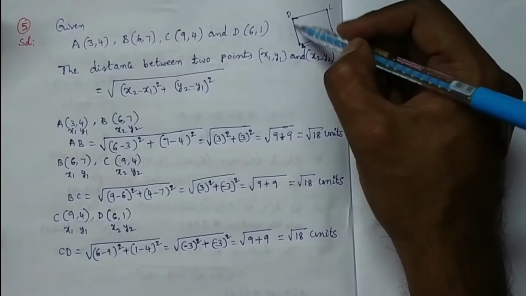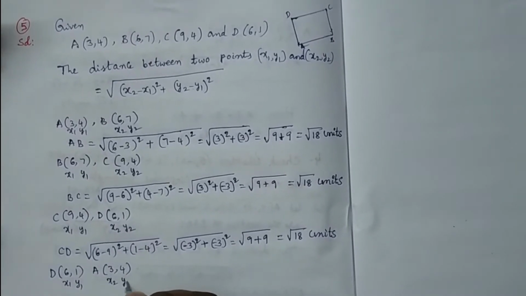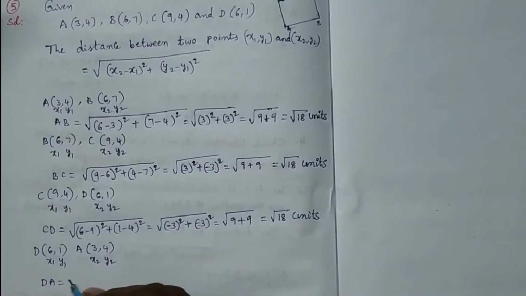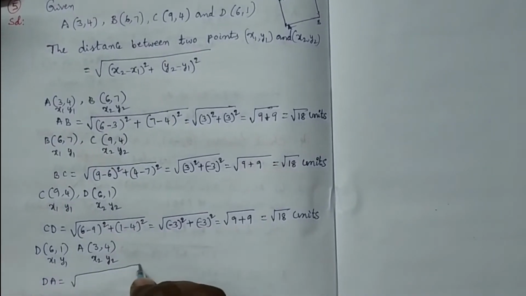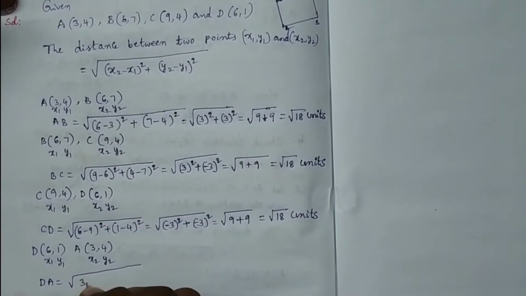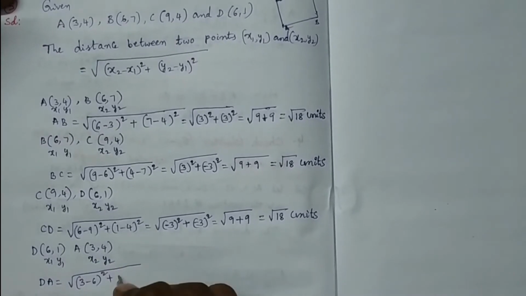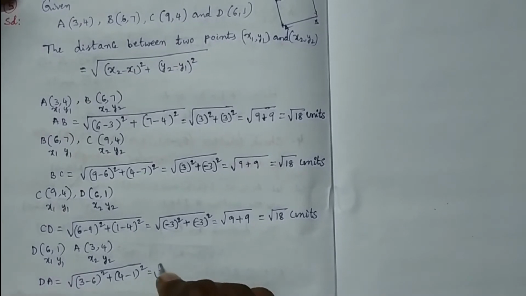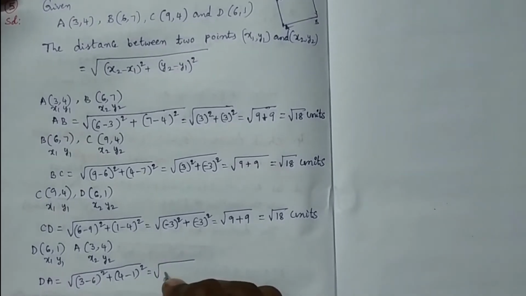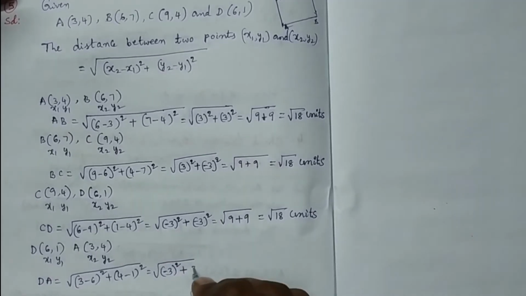Next we have to find the DA length. Take as x1, y1, x2, y2. Find the length of DA by using the distance formula: 3 minus 6 whole square plus 4 minus 1 whole square, that is minus 3 whole square plus 3 whole square.